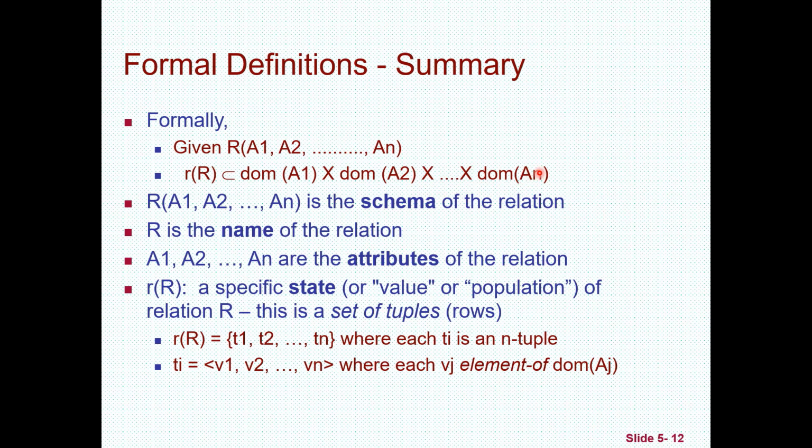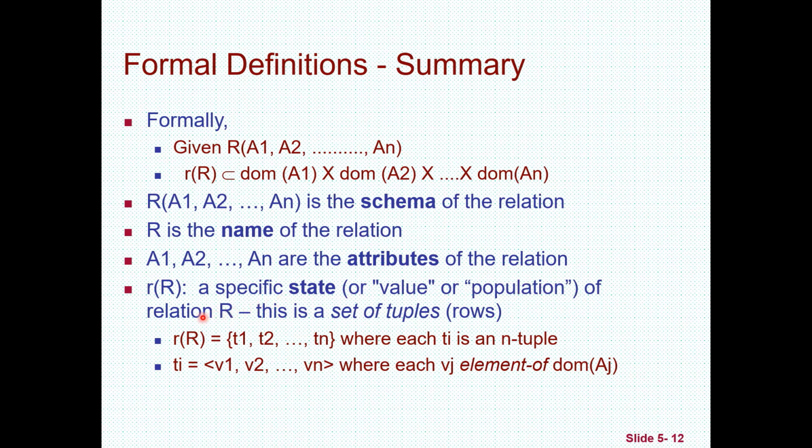R of A1, A2, ..., An is the scheme of the relation, and R is the name of the relation. A1, A2 are attributes of the relation, and r of R is a specific state or value, or population, of the relation R.